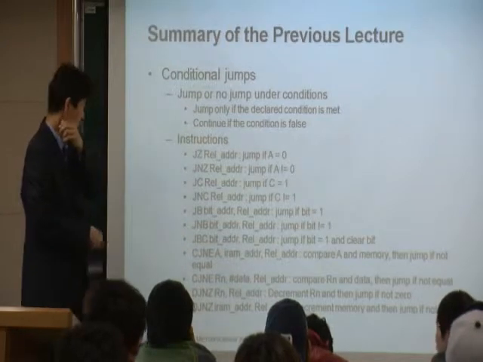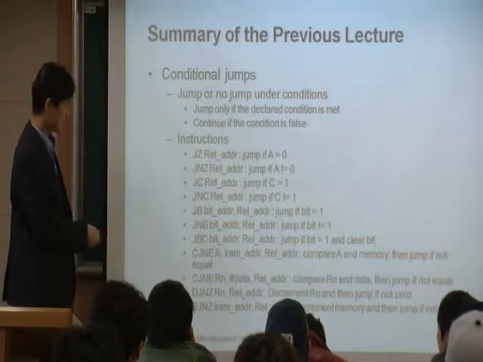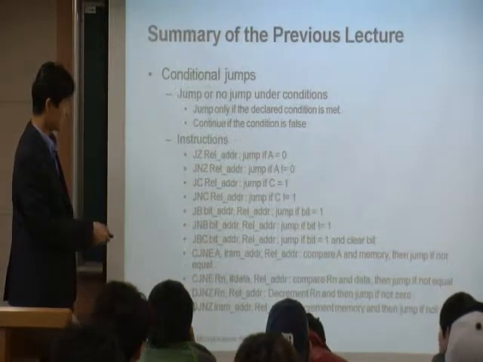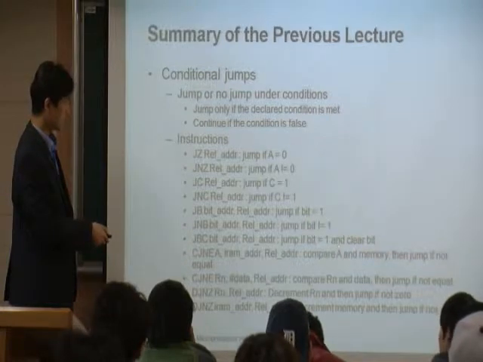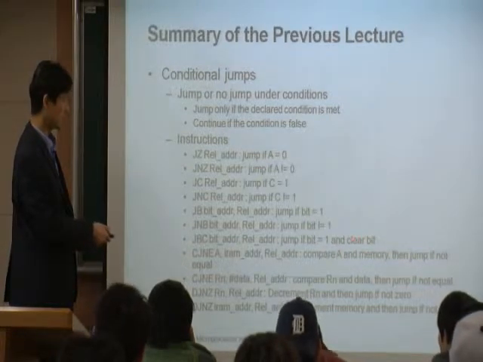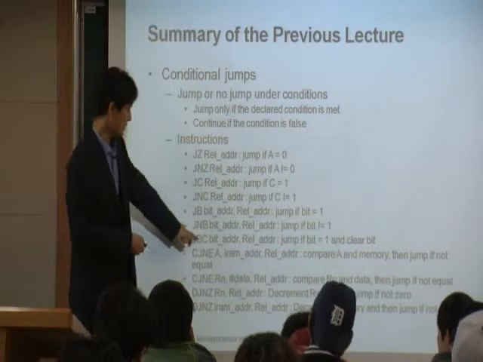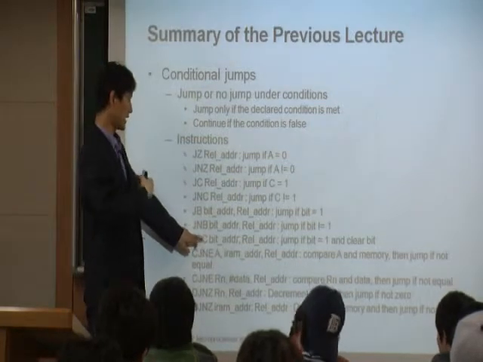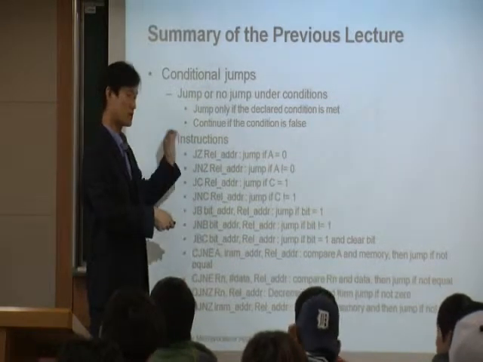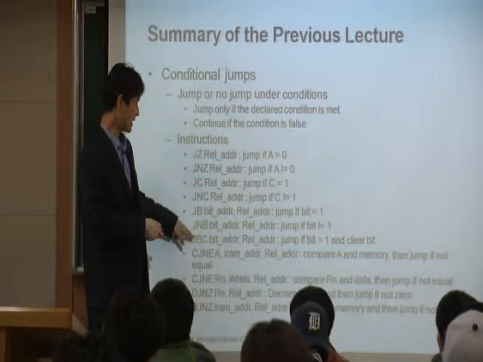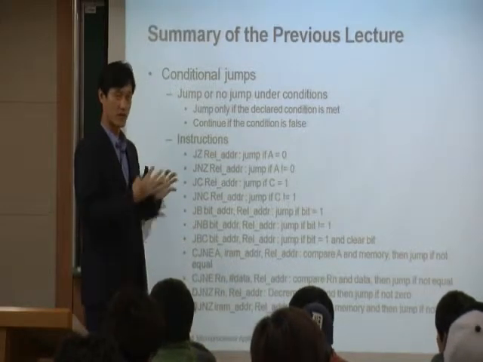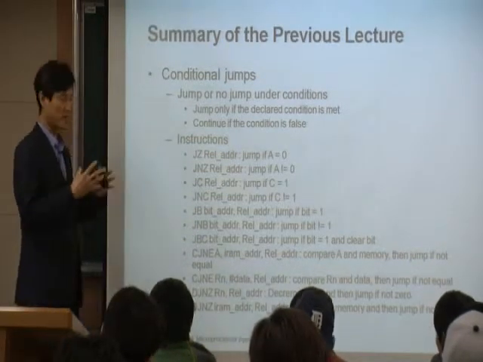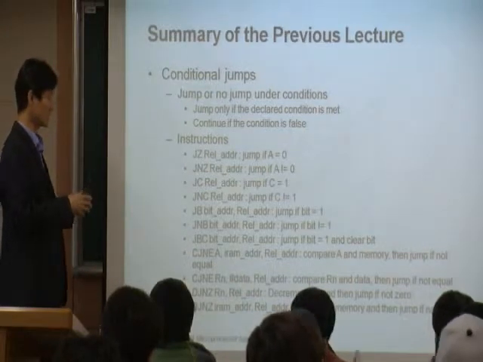And JBC, B means bit again. If this bit is equal to 1, then you jump and clear the bit. So you jump and you clear, so make it 0. Right? So combine JB with clear together. Okay? Just combine the two different instructions and make it one instruction.